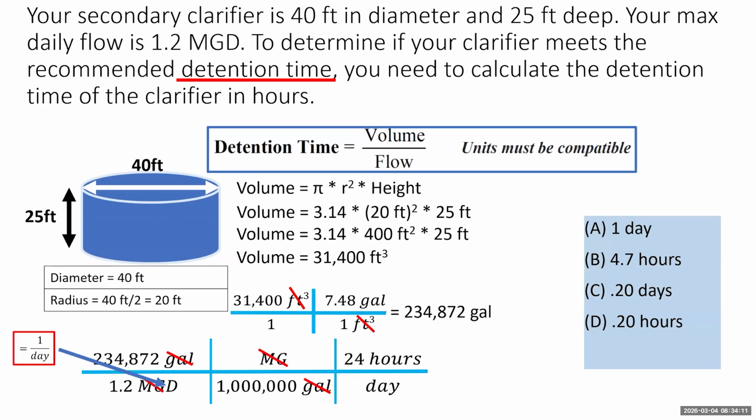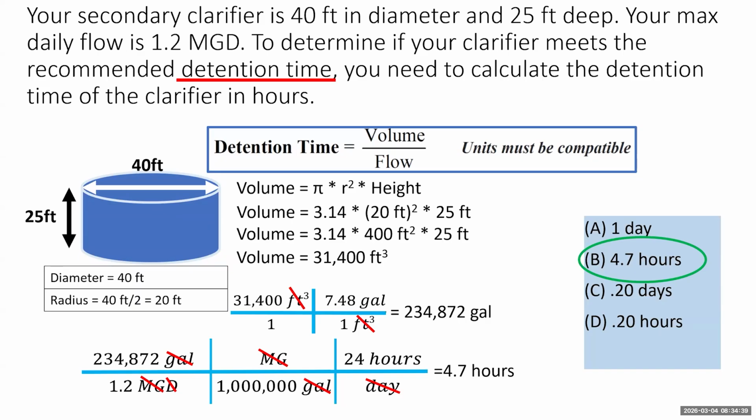And I just want to point out that D in the MGD is per day, right? So that's the day unit that we can cancel out. So now we're down to hours, and that's what it's asking for, the detention time in hours. So we do that math, we get 4.7 hours, and that's one of the choices on our list.